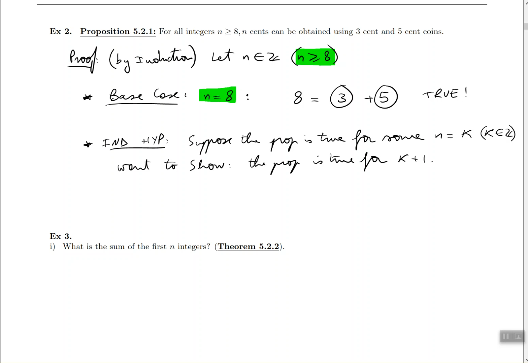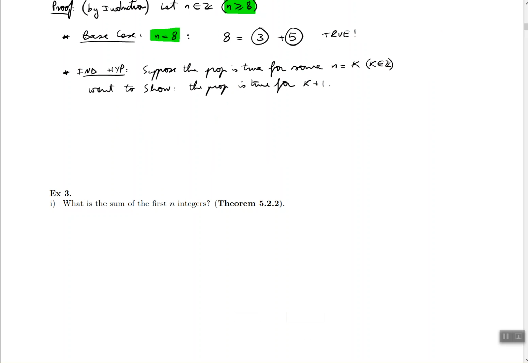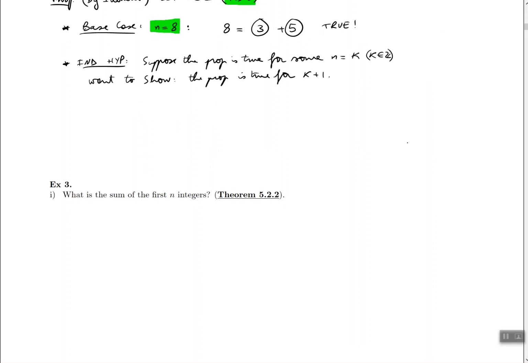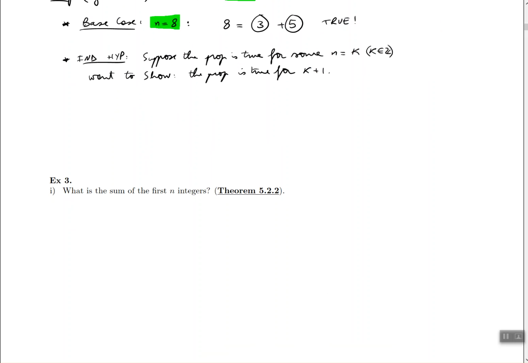Okay, think about it for a minute and see what you can do. Hopefully you took some time to think about this step and how you would go about proving it. But the idea of the proof is this. If your n involves some coins that we don't know what they are, but let's say you have a 5-cent coin, and we can make that assumption, and we'll take a look at the other case.